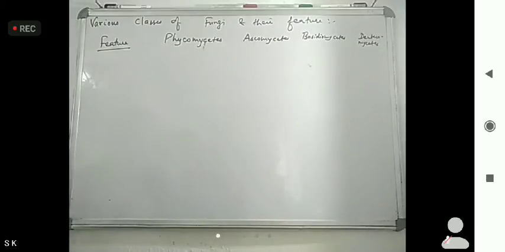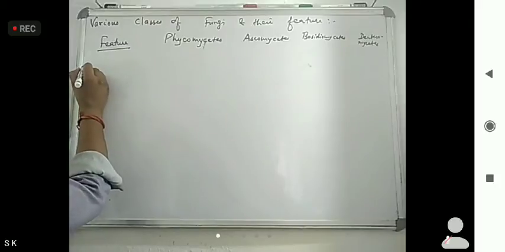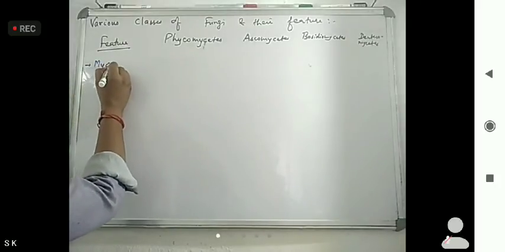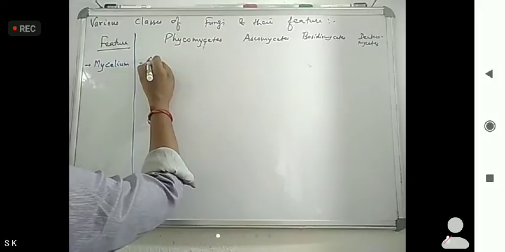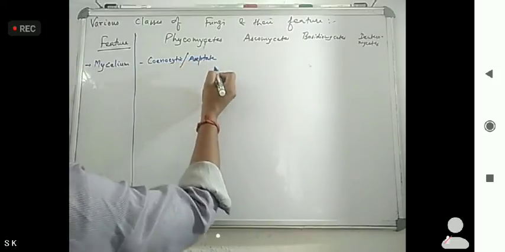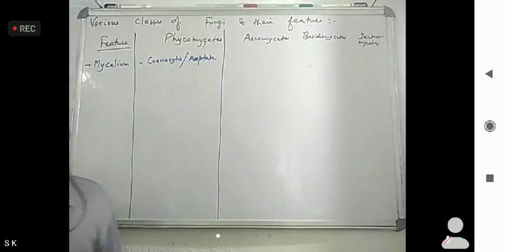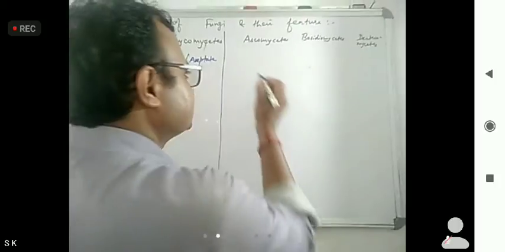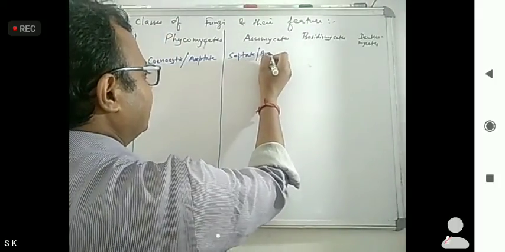So we have to see mycelium. We know that mycelium here is what? Coenocytic and aseptate. And if we are seeing Ascomycetes, so in Ascomycetes, what we saw? Septate and branched. So here, septate and branched.